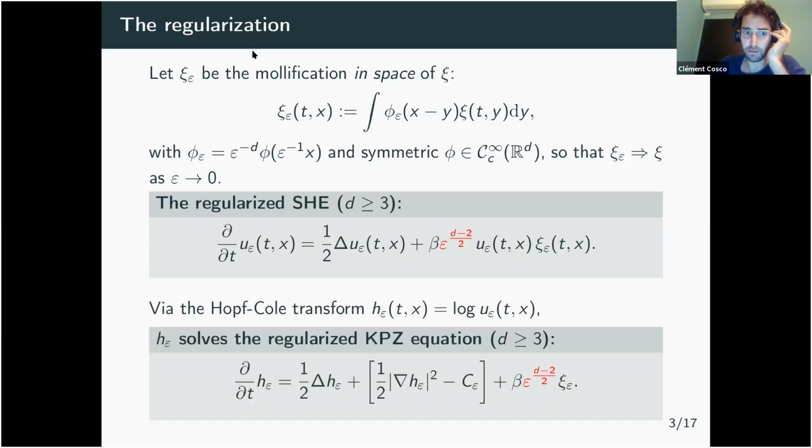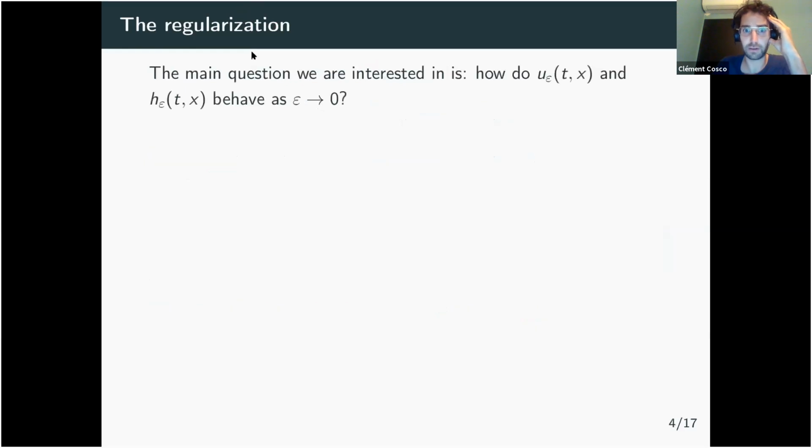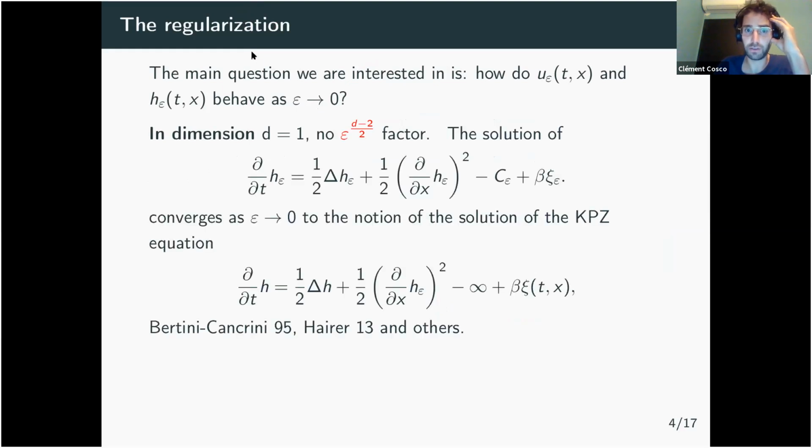And you can also construct the regularized version of the KPZ just by taking the log of U epsilon. So what we are concerned about is the limit as epsilon goes to 0 of these two objects. Let me just mention that in dimension 1, there is not this epsilon to the (d minus 2) over 2 factor. So here you see the noise is not multiplied by this.